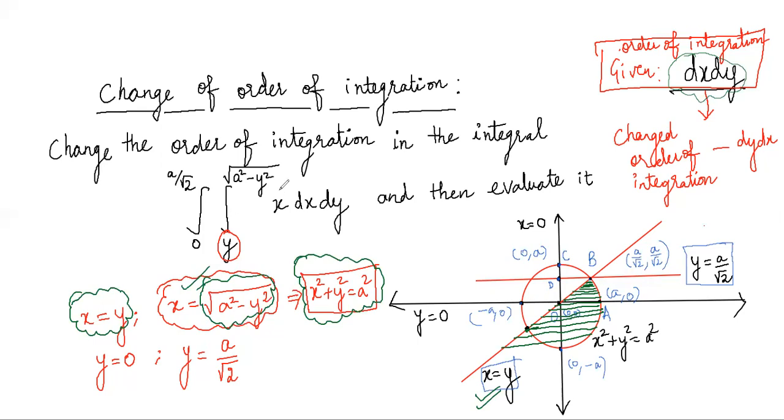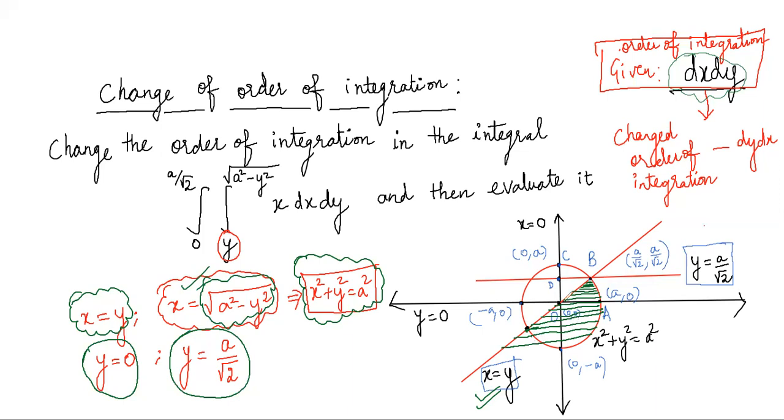Now we will be seeing these two equations which we are getting from the limits present on the outer integral, y equal to 0 and y equal to a by root 2. This means that for such strips, y is varying from 0 to a by root 2.